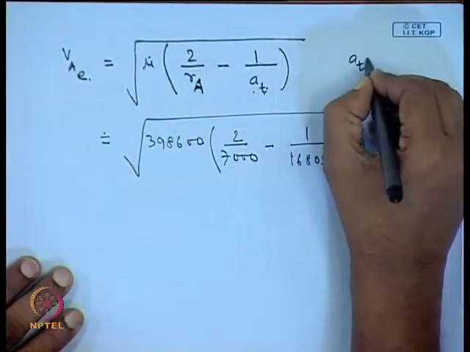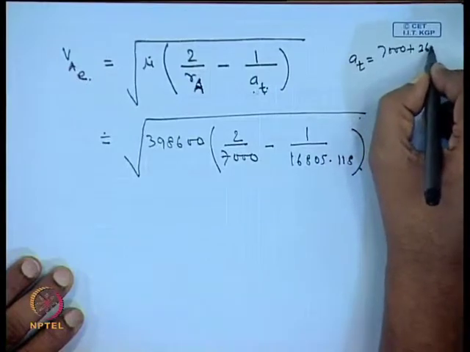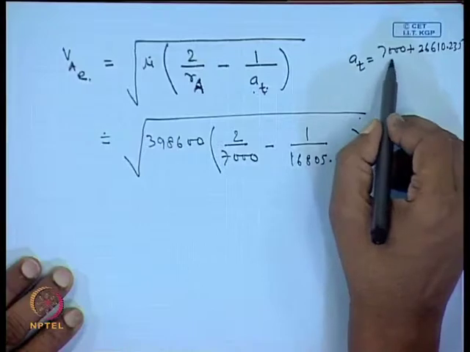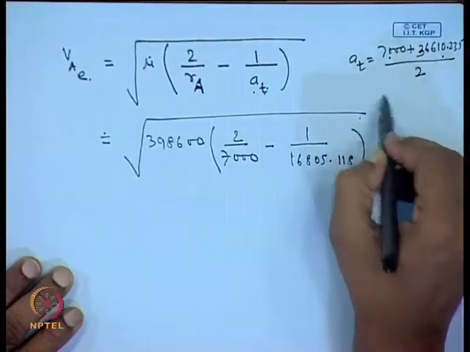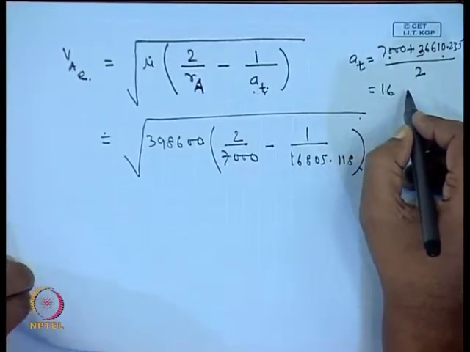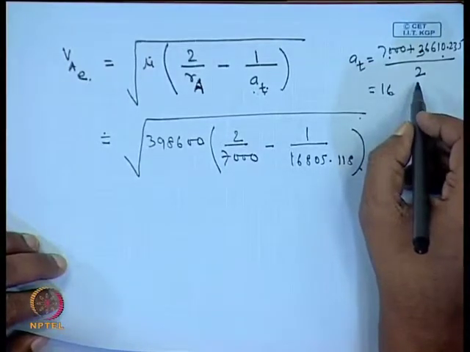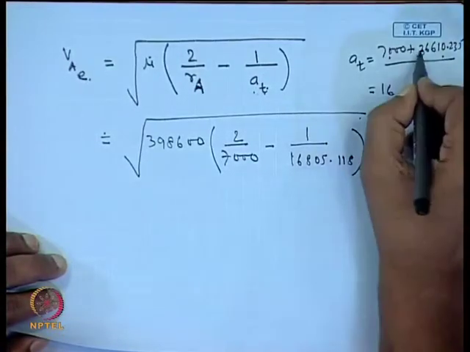So, A transfer orbit, this you can simply write as 7000 plus 26,610.235, which is the radius of the initial orbit plus the radius of the final orbit, divided by 2. That is R I plus R f divided by 2.